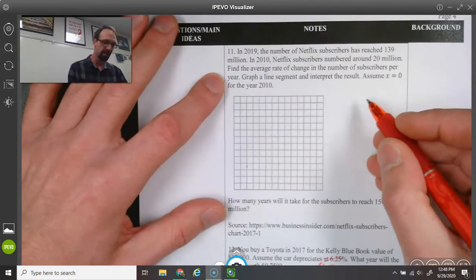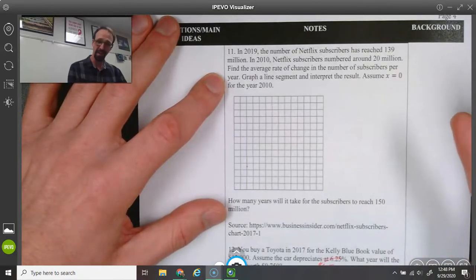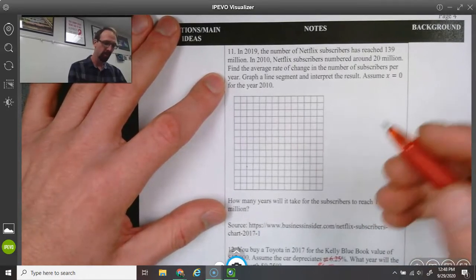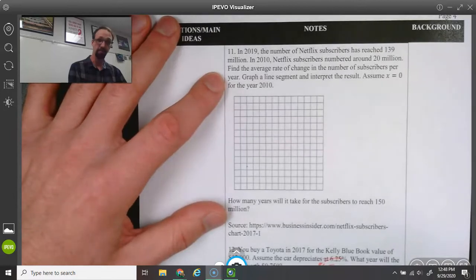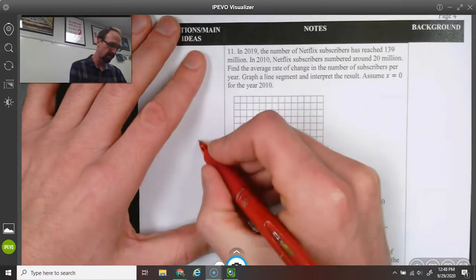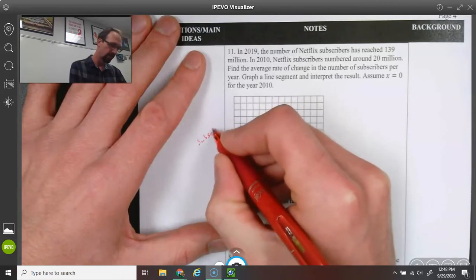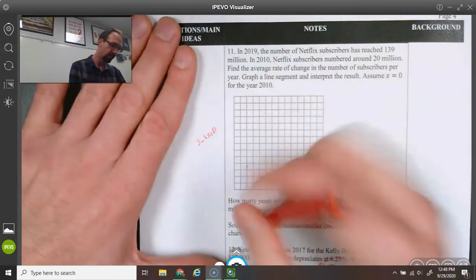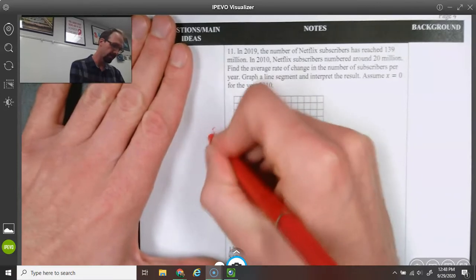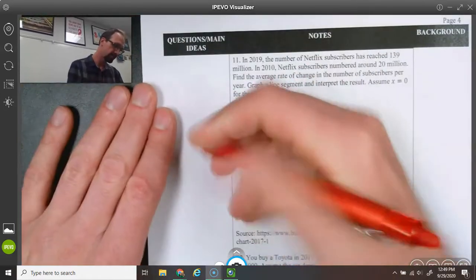So for this one, we need to find what the slope of this line is. The slope is going to be your change in your y values. Your y values in this case are going to be your subscribers. It helps if you spell subscribers correctly.